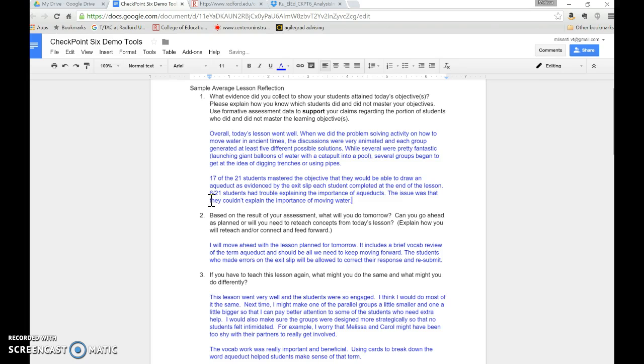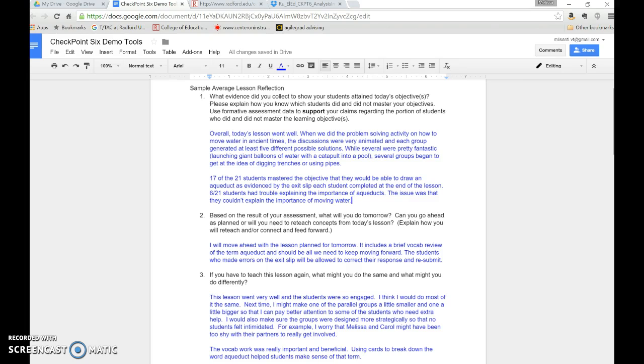And that's really a key idea. It's not that the Romans wanted to build these big aqueducts, it's that they served a very functional purpose and a purpose we still use today. So that was a key piece of understanding that didn't quite happen. Absolutely, and that's what we want to know, the specific things that your students either understood and you feel like they mastered, or the things they struggled with, and we need to have that numeric data to justify your comments.